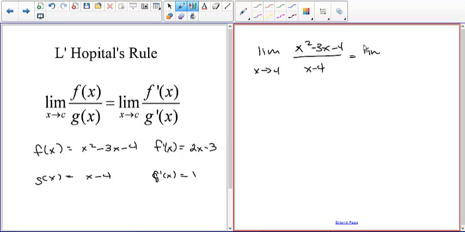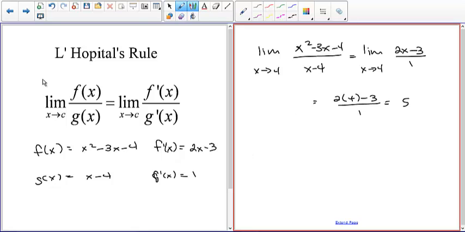So that's the same as the limit as x approaches 4 of 2x minus 3 divided by 1. And at this point, if I plug the numbers in, it is not indeterminate. So I can just evaluate, and you get 5. 8 minus 3 is 5. So there you go. Got the same answer.